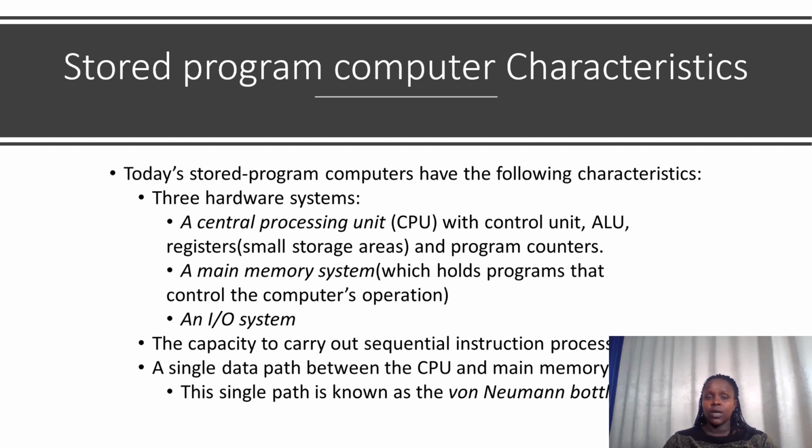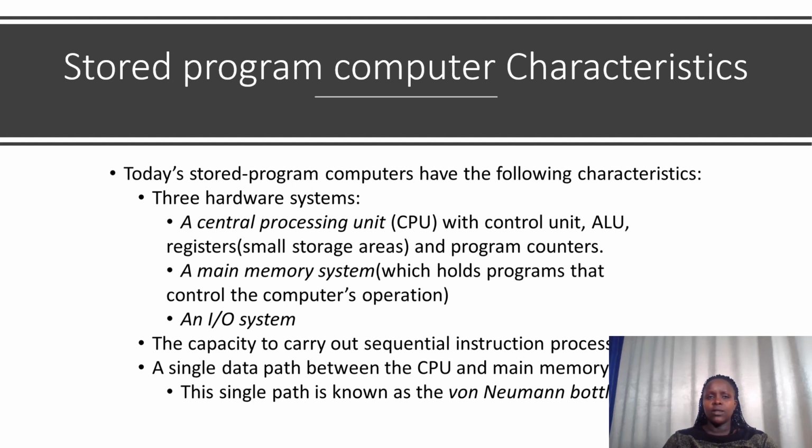The registers are small storage areas, and the program counter. It has also a main memory system which holds programs that control the computer's operation. And it has the input and output system. Those are under the three hardware systems. Remember that the hardware is the physical or tangible part of a computer.